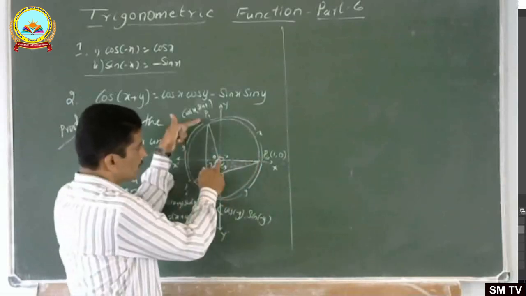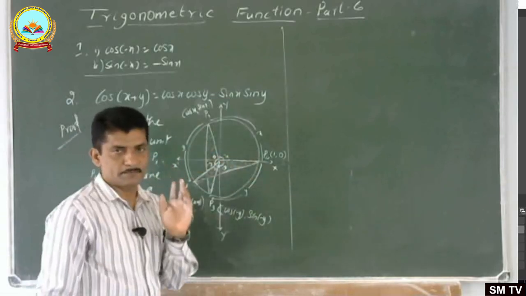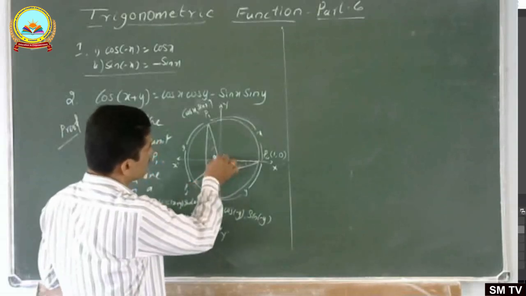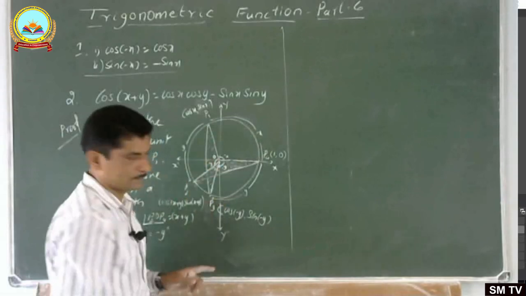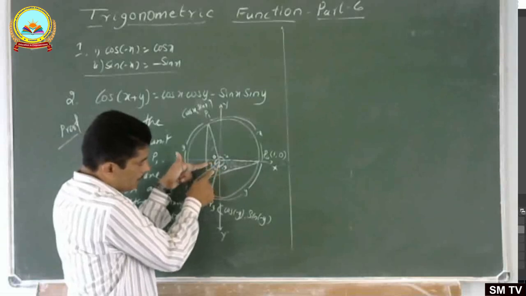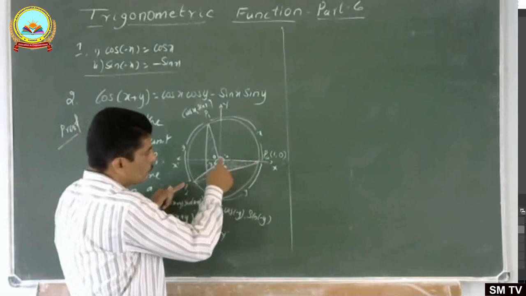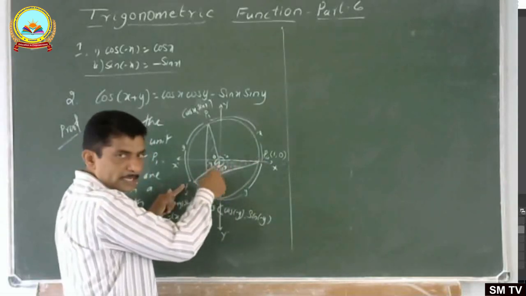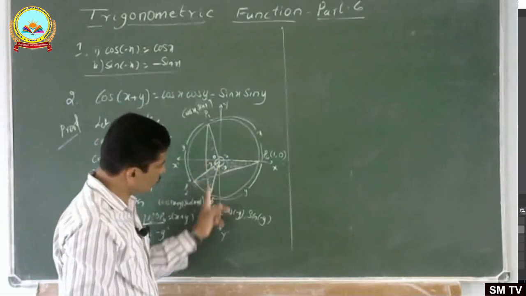It means the two sides OP1 is equal to OP2, OP3 is equal to OP4. The two sides are equal, and you also know that the angle P1OP3 is exactly equal to the angle y plus angle P2OP3, and angle P2OP4 is also y plus P2OP3.